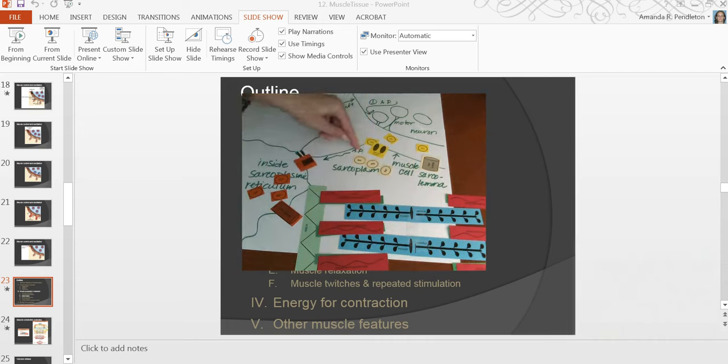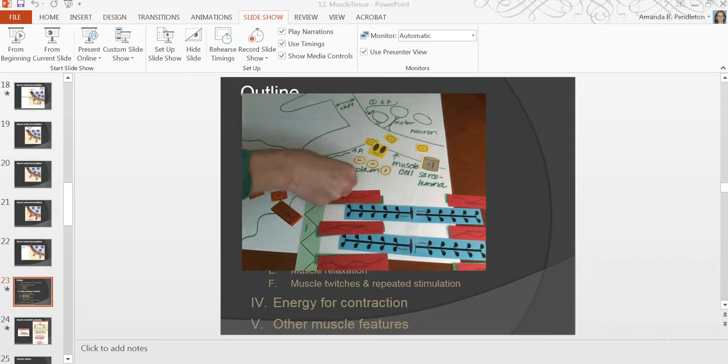So as soon as the action potential hits this triad region, this calcium channel will open. And when it does, calcium rushes into the sarcoplasm.